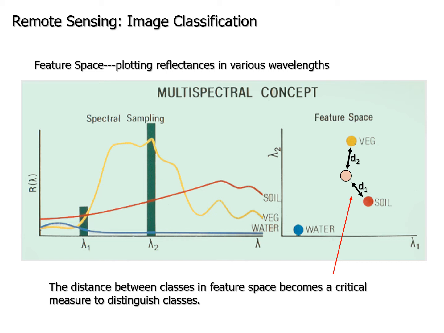I think actually it's pretty much equidistant. And therefore, I'm going to call that pixel vegetation. At the simplest level, this is the role of classification rules: taking unknown pixels and comparing them to known pixels and assigning them a class.